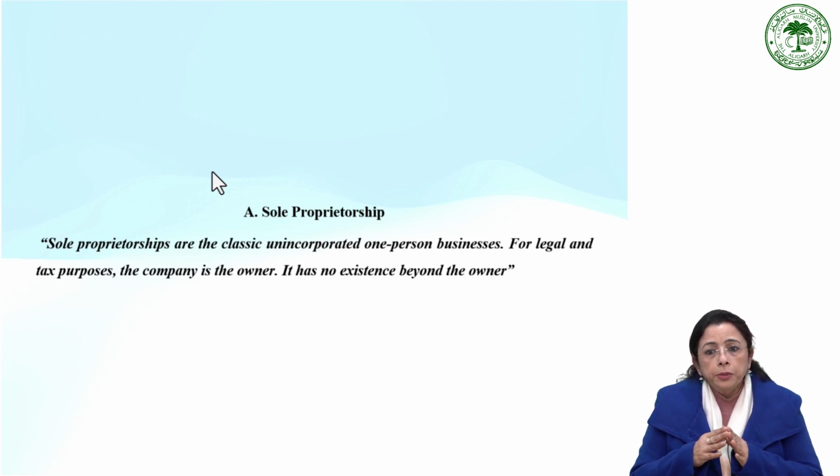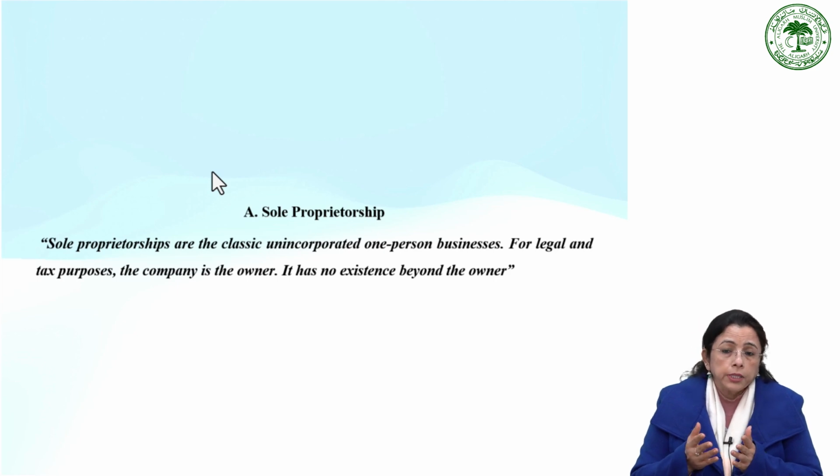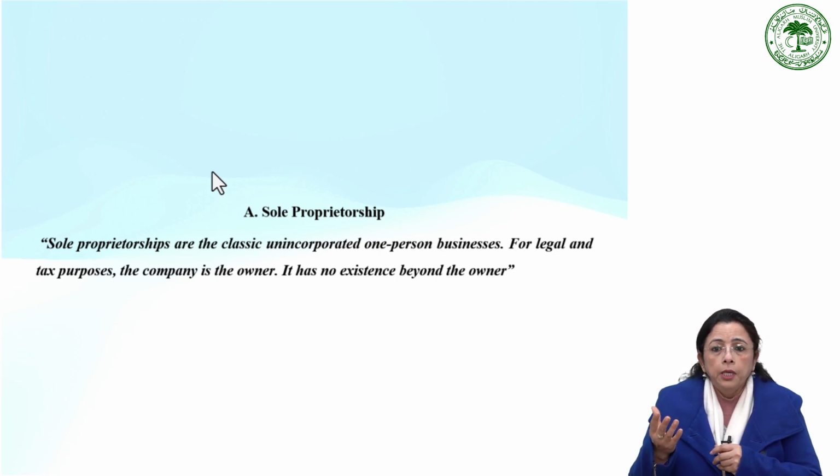And also the business terminates when the owner dies or he is not interested in continuing. On the other hand, the owner receives all the earnings and has complete control over the business. That is the brighter side of a sole proprietorship, enjoying all the benefits all alone.